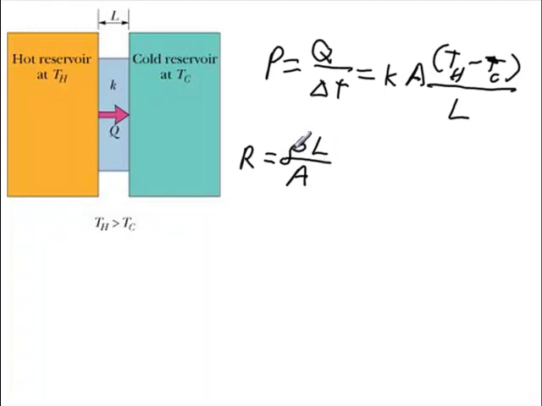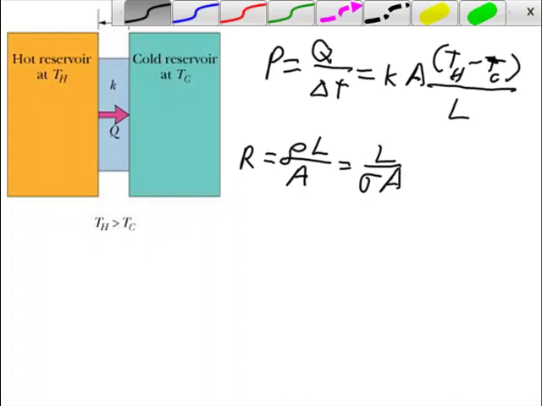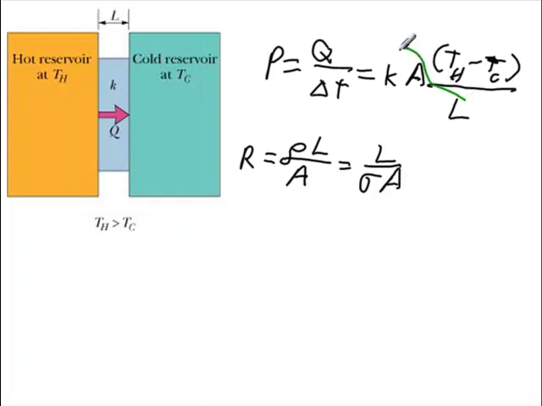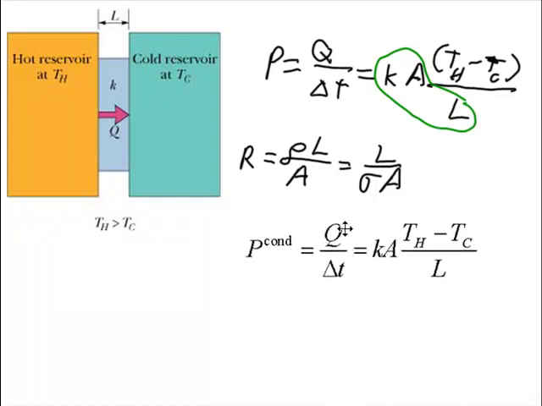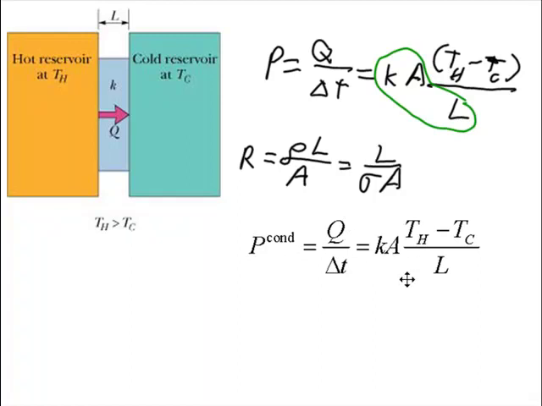Well, if we replace resistivity by 1 over resistivity, which is conductivity, we have L over conductivity times A, which is exactly the inverse of this part right here. So this is our formula for the rate at which power flows through conduction, through a wall or any other object. It's fairly straightforward to work with.